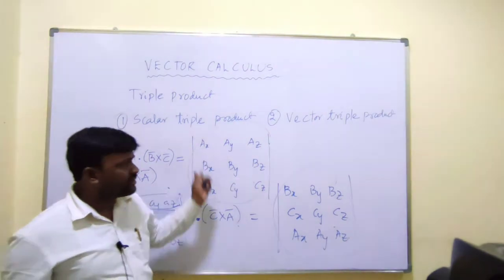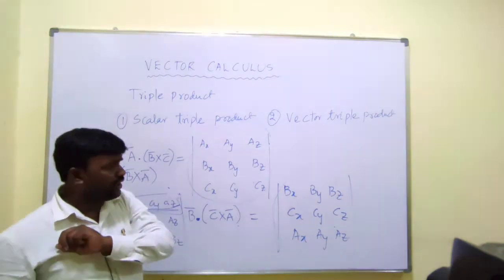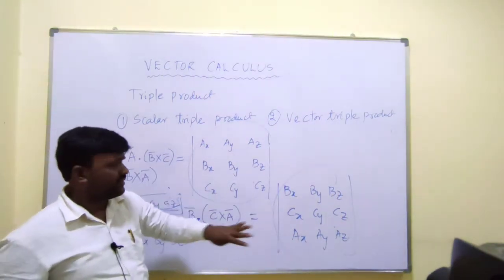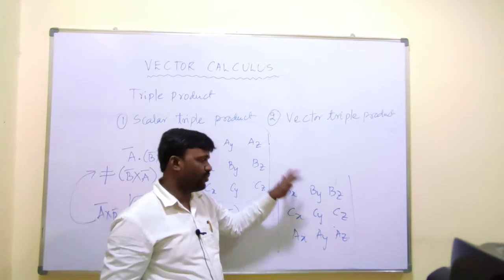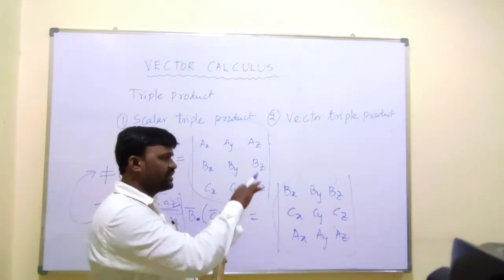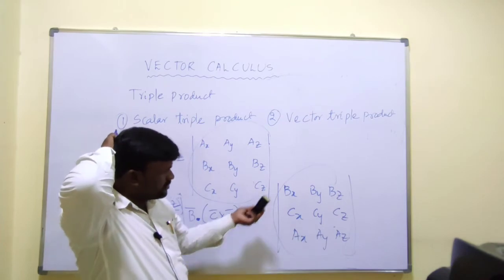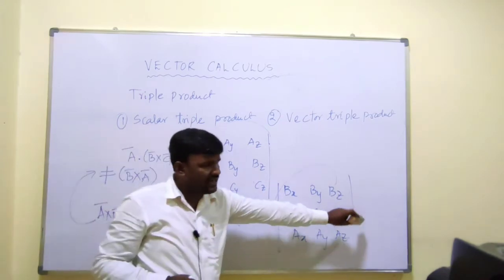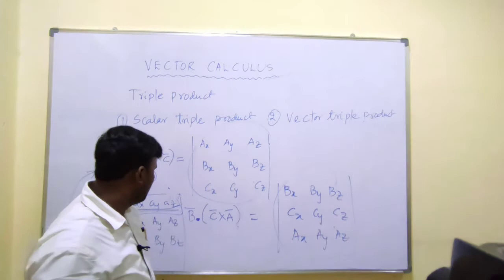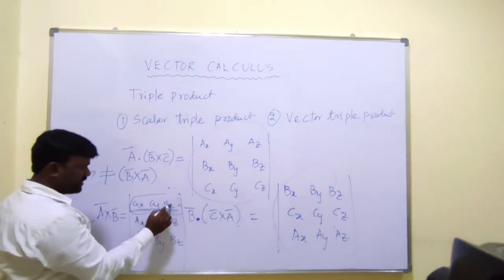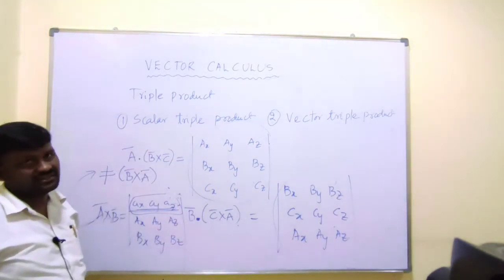There is no worry about interchanging these components. If you interchange rows and columns, there is no difference in the entire determinant, whereas in this case the scenario is different because you have unit vectors. Clear?